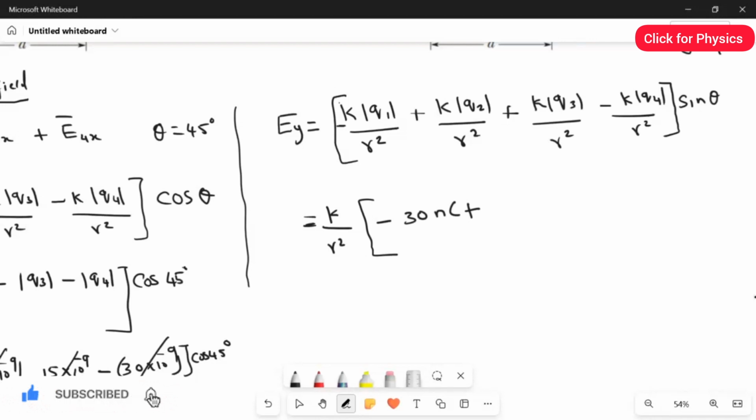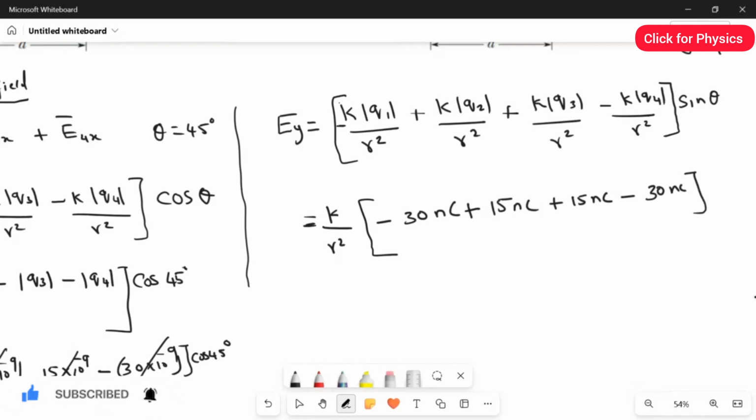Q2 is negative already. When you take the magnitude, it's positive, plus 15 nanocoulomb. And likewise the third charge is positive 15 nanocoulomb. And then the sign for the fourth charge is negative for the electric field, but the magnitude of the fourth charge, which is minus 30 nanocoulomb, is a plus when you take the magnitude, right?